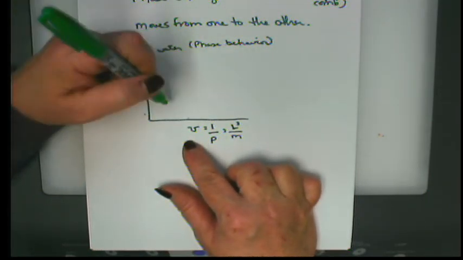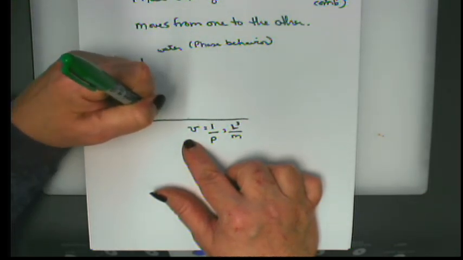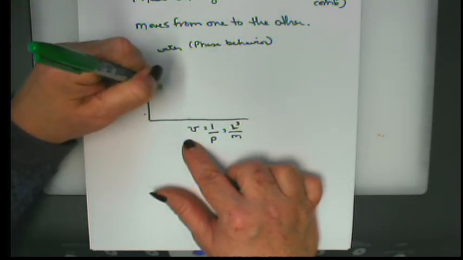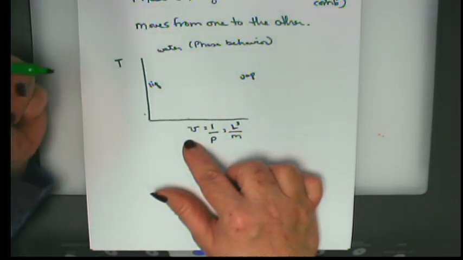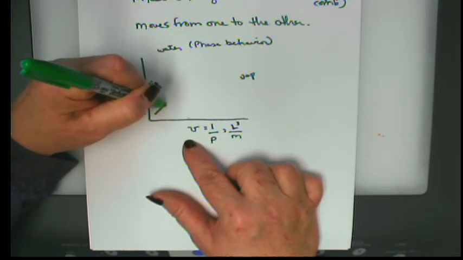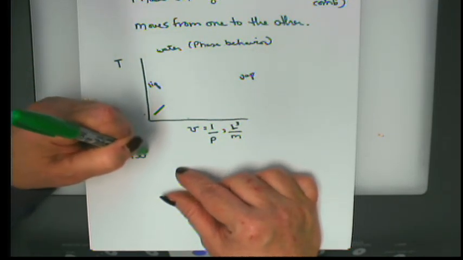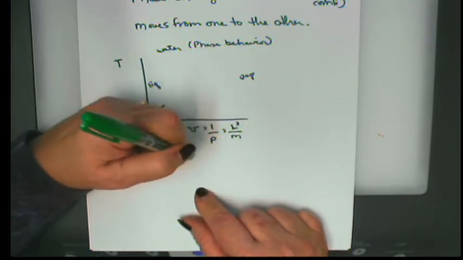Well, it turns out that if you plot these things, if you have liquid water and you transition to vapor water, if you proceed isobarically, isobarically means we stay at the same pressure.